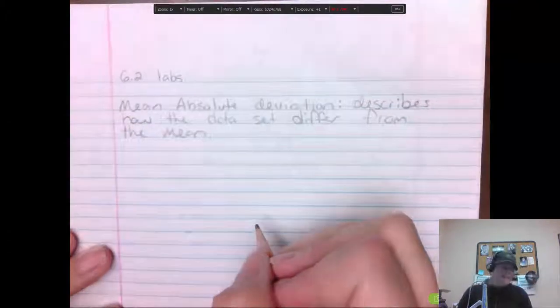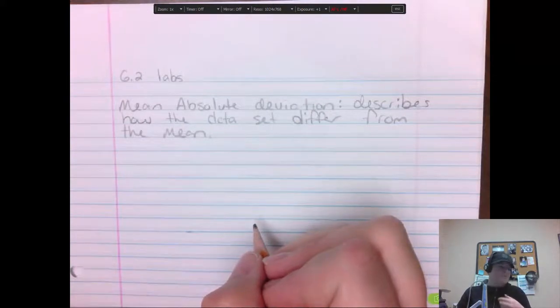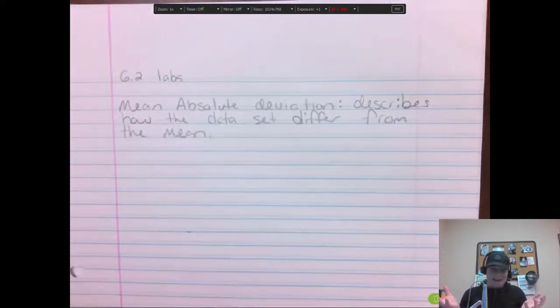It's another way to find dispersion, like how your data is spread out.